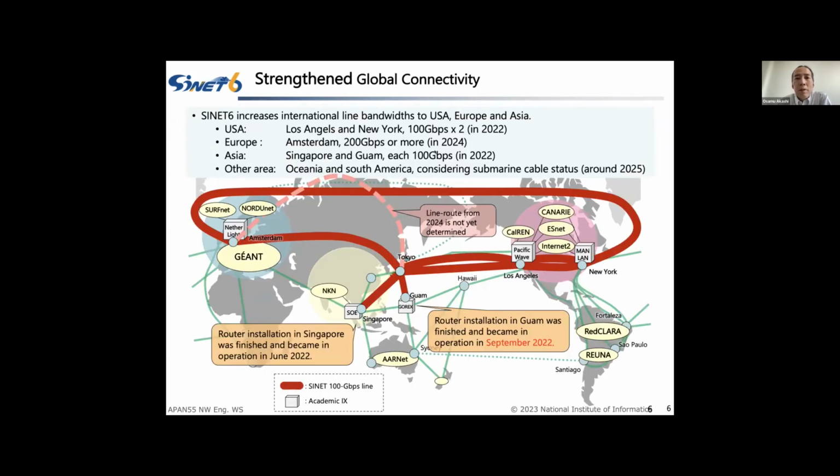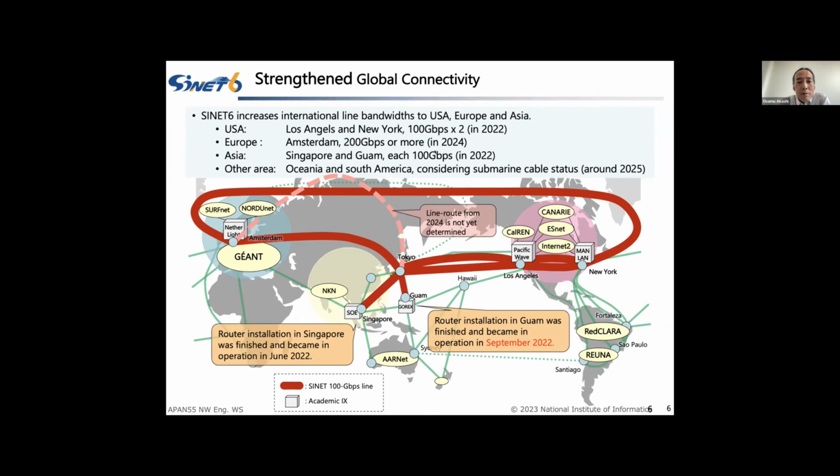This shows the international map of our networks. In SINET6, we added a new line between Tokyo and Guam and kept the conventional lines between Tokyo and Singapore and Tokyo and Amsterdam. We also increased the bandwidth between Tokyo and Los Angeles and New York.